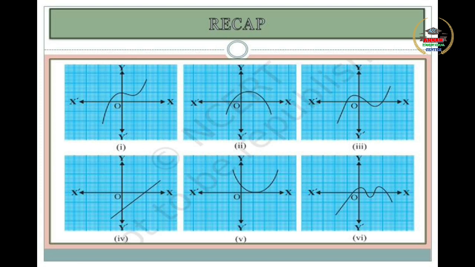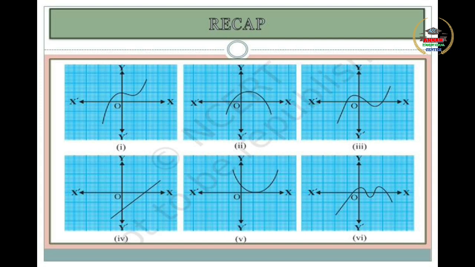The second graph is a clear parabola, so it is a quadratic polynomial. It is touching the x-axis in 2 points, so the number of zeros is 2. The third one is touching the x-axis in 3 distinct points, so it is a cubic polynomial, and the number of zeros is 3.